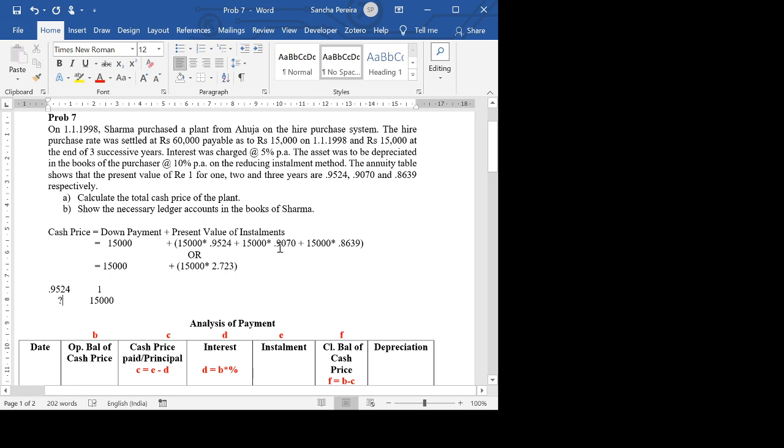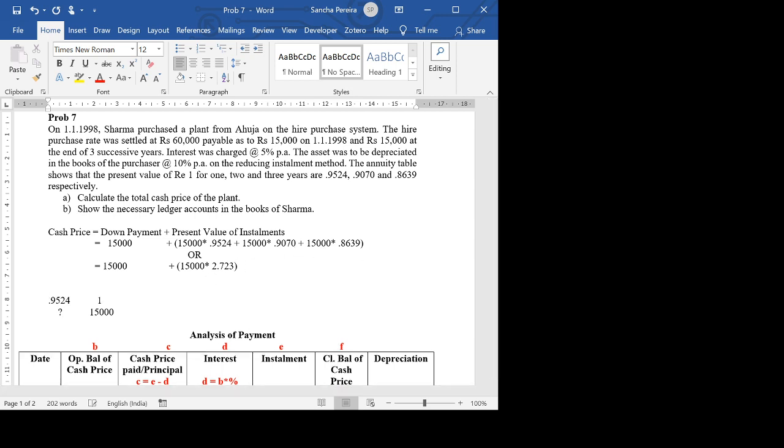Put all these decimal points together. So this is going to give me 15,000 plus 15,000 into 2.723. The total, I am directly doing the total.